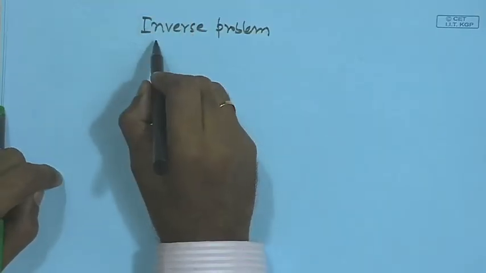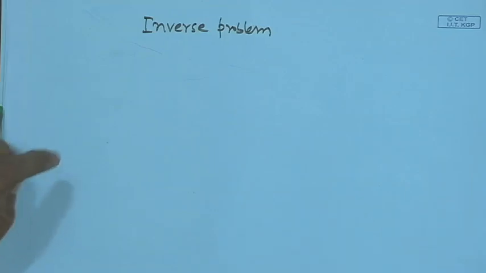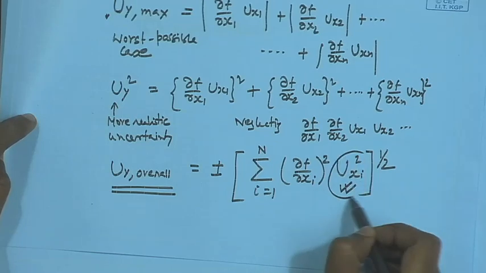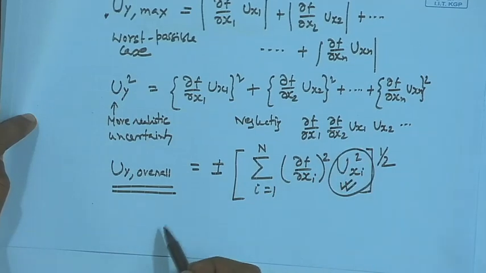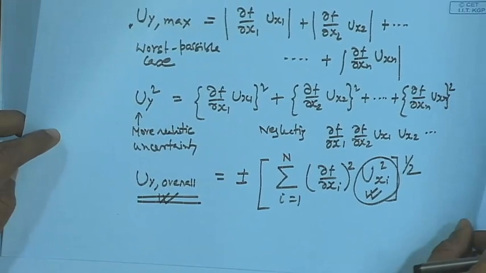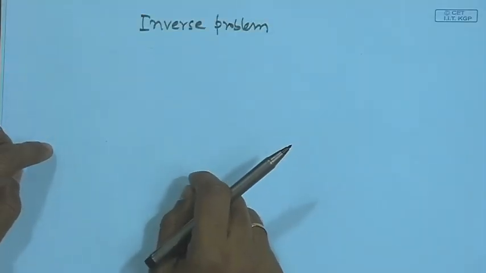Now, this problem is not so easy to solve, because there can be various combinations of these uncertainties which will give the same overall accuracy. So, we have to get started somewhere.